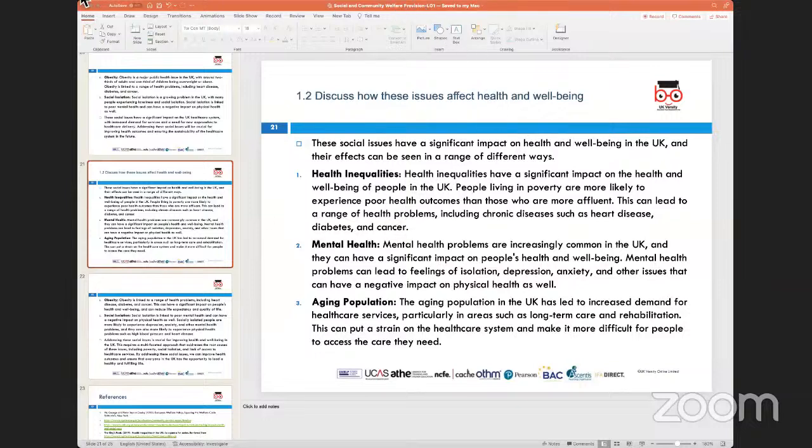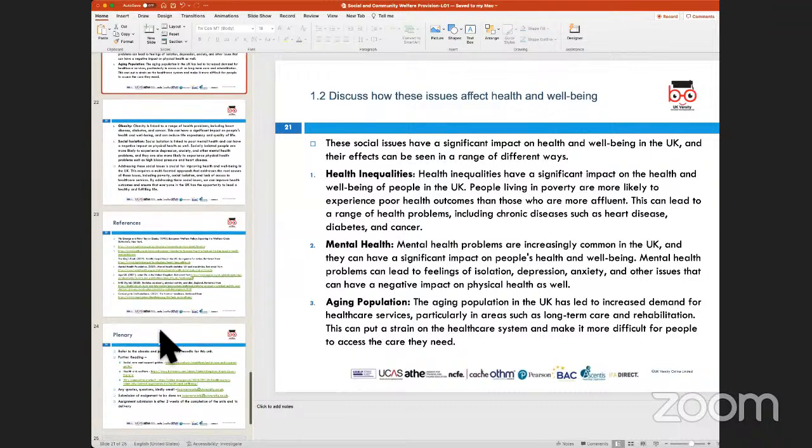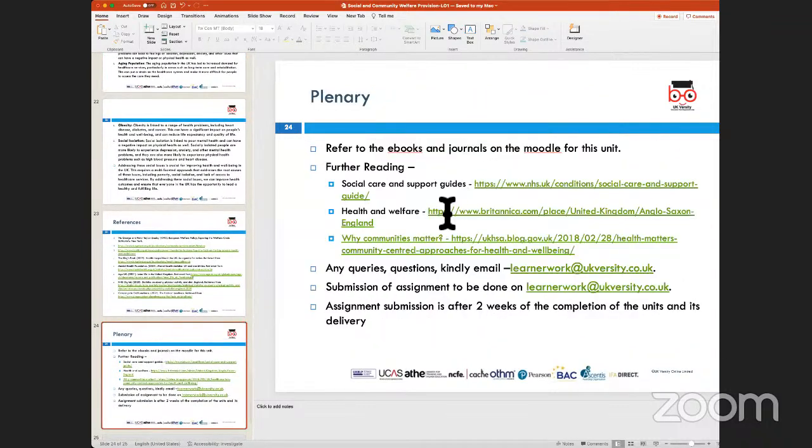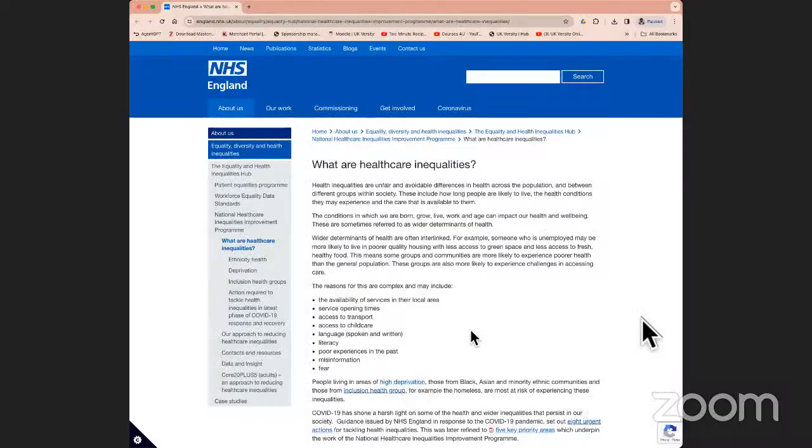One such area is on the NHS website, which I've put across for further reading, and which I would suggest you look at. Let me just very briefly show it to you. That would be useful for you to look into and read. So, what are healthcare inequalities? This is one point that you could pick out and discuss.